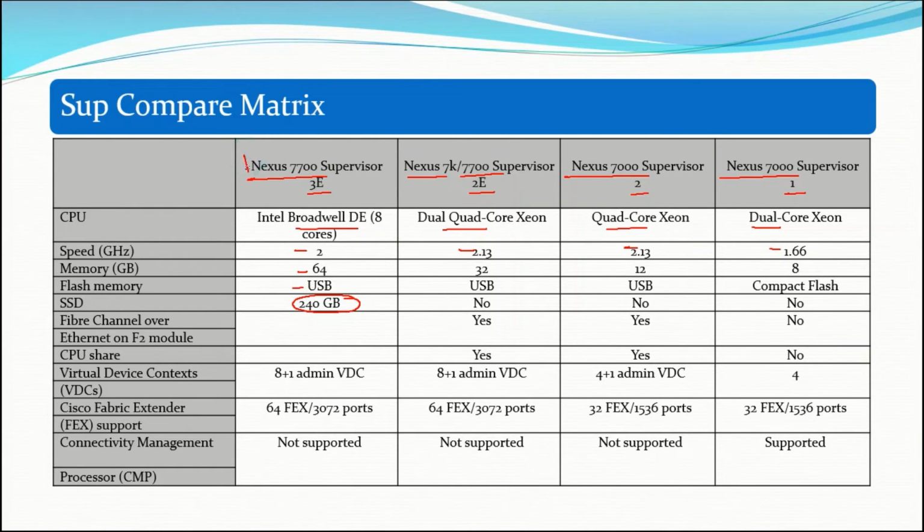They brought it up in the Nexus 7700 series, and the same functionality has been carried over to your Nexus 9000 series of switches as well. They also have SSD storage.